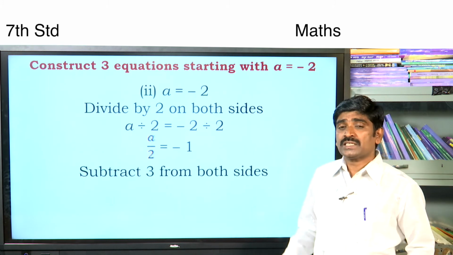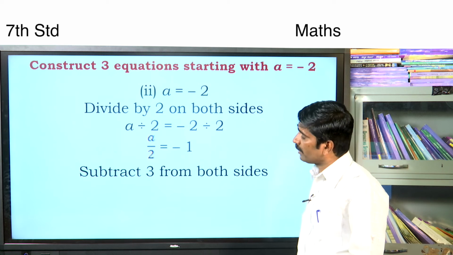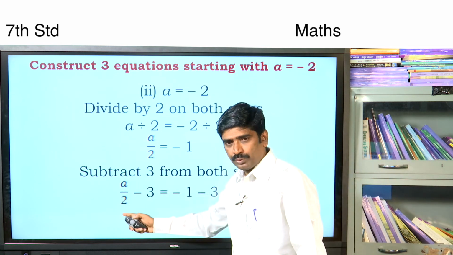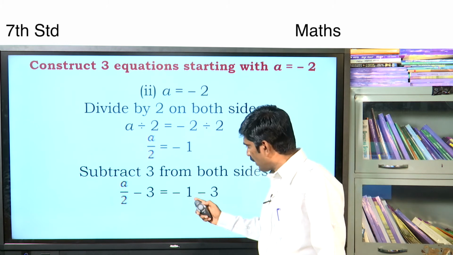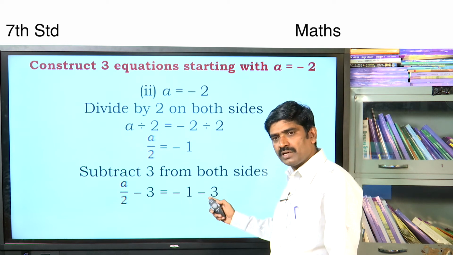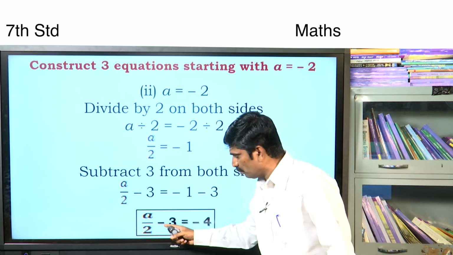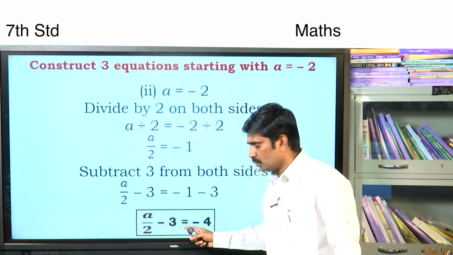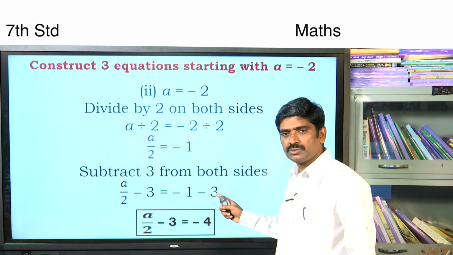Next, subtract 3 from both sides. A divided by 2 minus 3 is equal to minus 1 minus 3. Then a by 2 minus 3 is equal to minus 4.